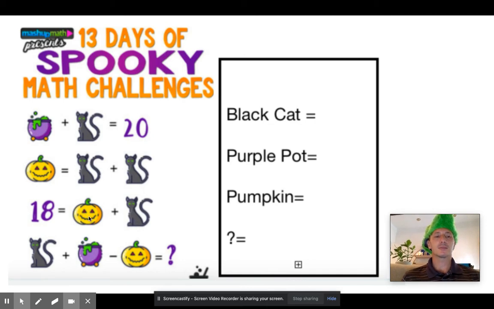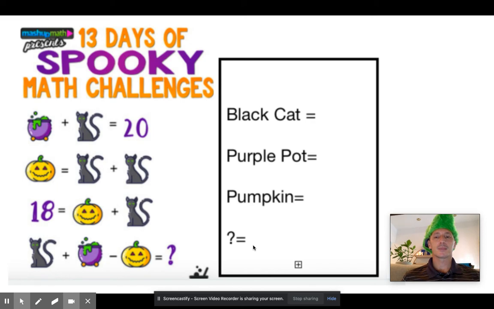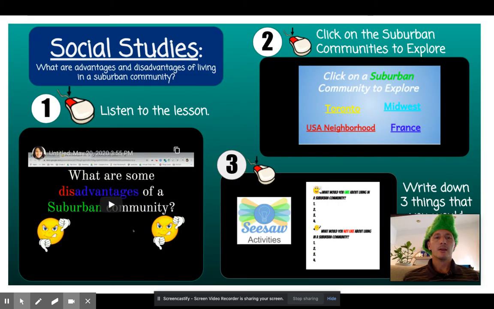So that has to be something. Remember that the jack-o'-lanterns and the cats have to be the same number. And then you take the black cat plus the witch's pot minus the jack-o'-lantern, and then you come up with this number here. We'll talk about some possible answers that you might have gotten. I think you can have different answers, so any answer you get is going to be correct. Just try to find one answer.